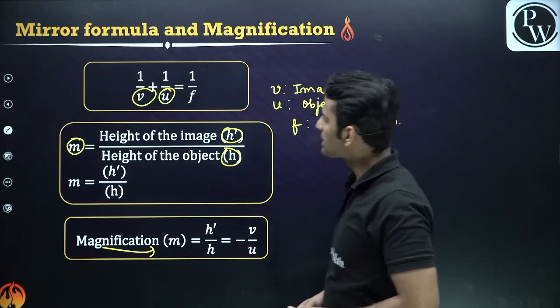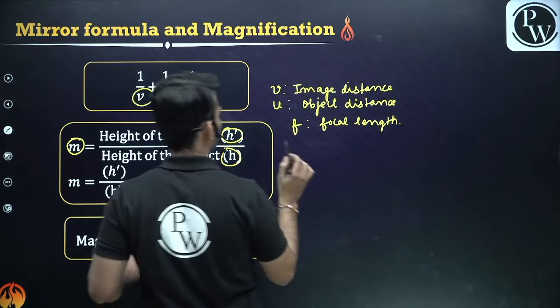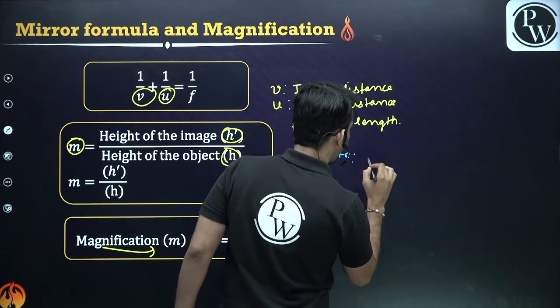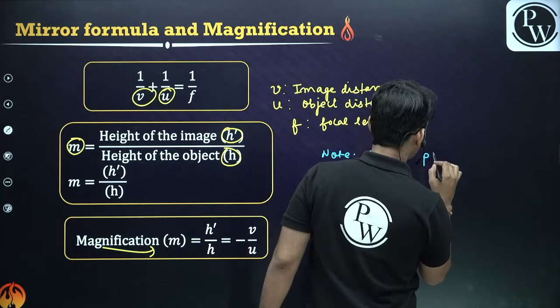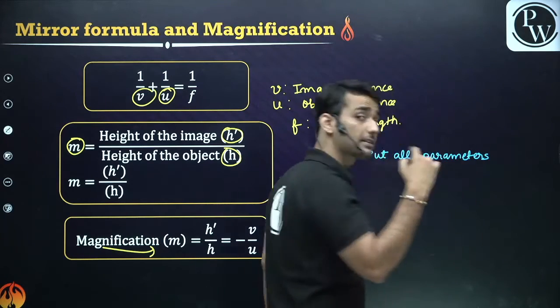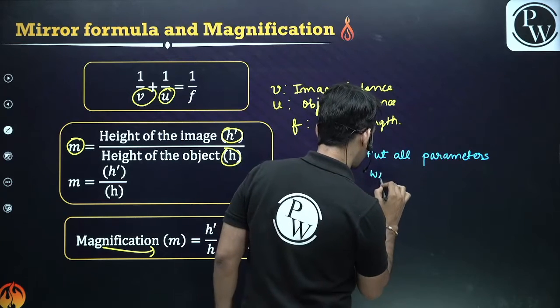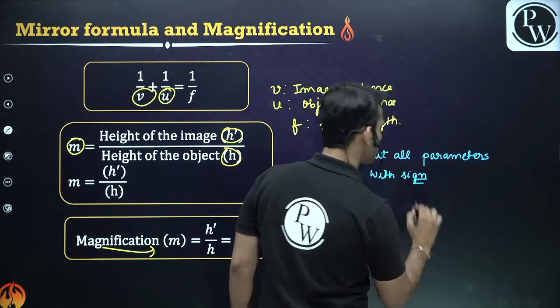Now the question is, sir, how can we put the values here? So guys, there is a note for you. Write it down. Put all parameters with sign here, like f, u, v, image height, object height.